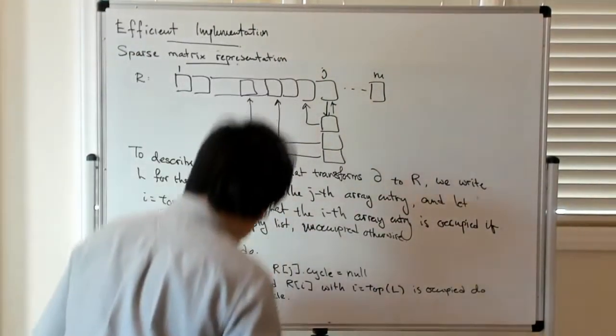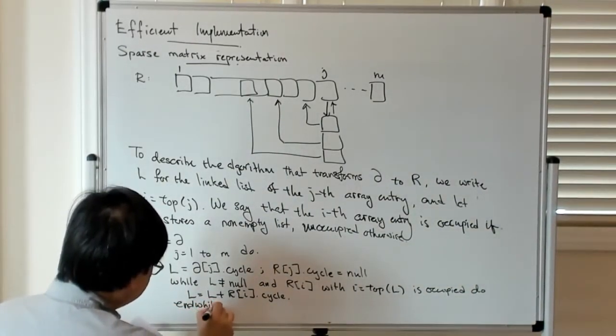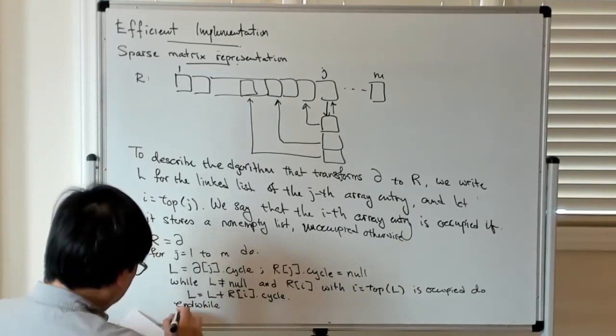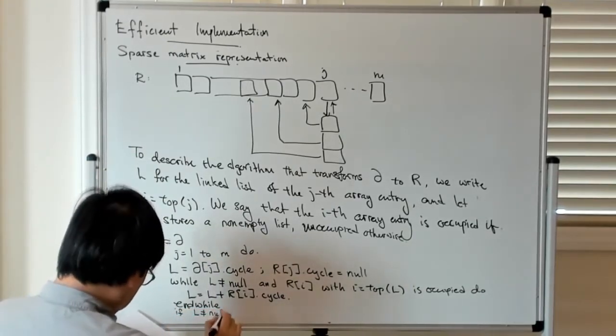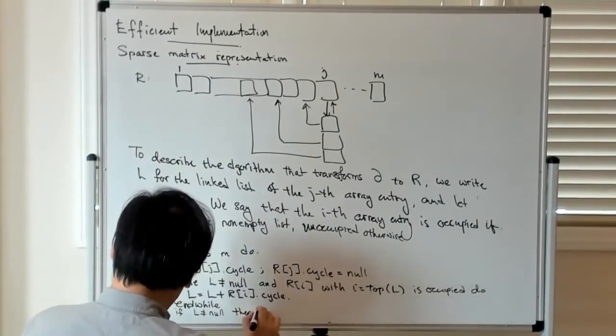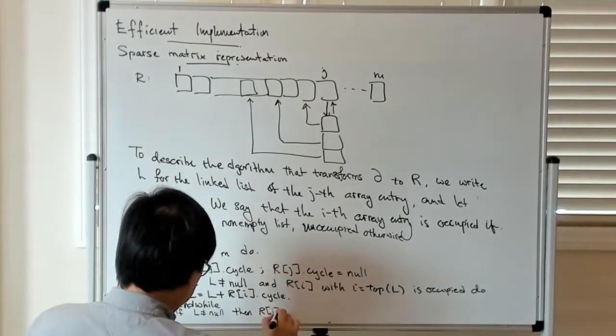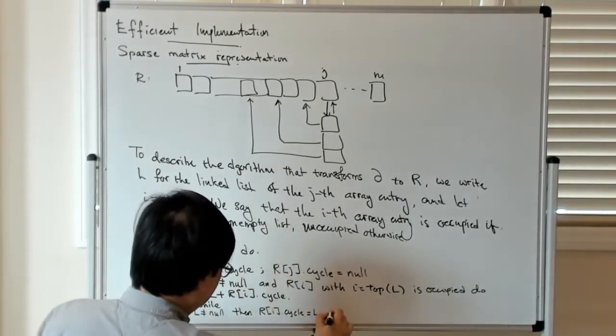Okay, and then you end while, and then if L is not the null after this, then Ri dot cycle equals L, and you do the end if.